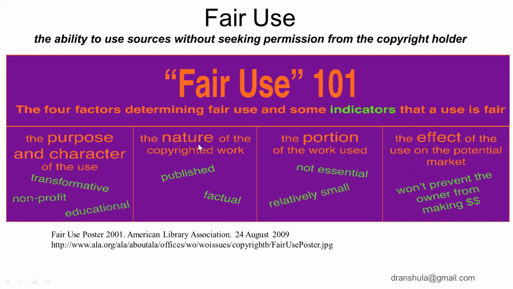Second is the nature of the copyrighted work. Third, the portion of the work used. And fourth is the effect of the use on the potential market. These are the four areas which you should understand for determining fair use.